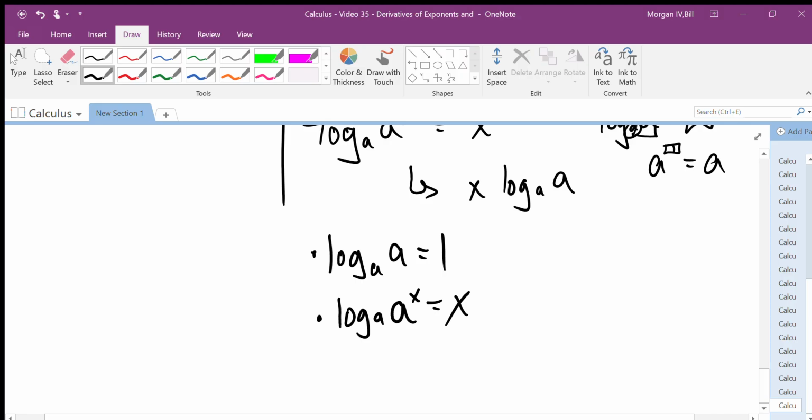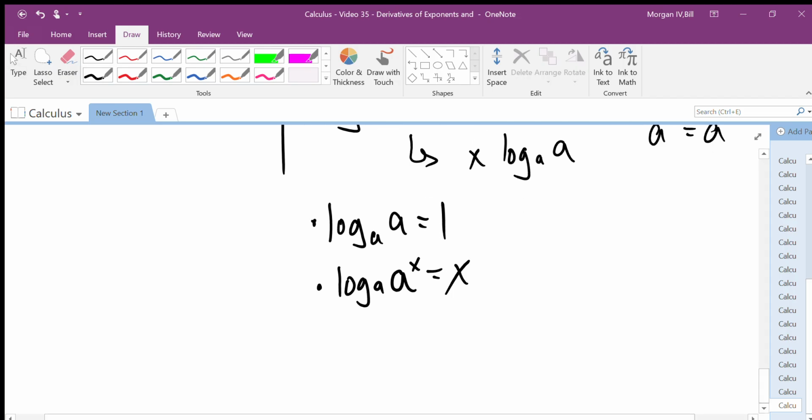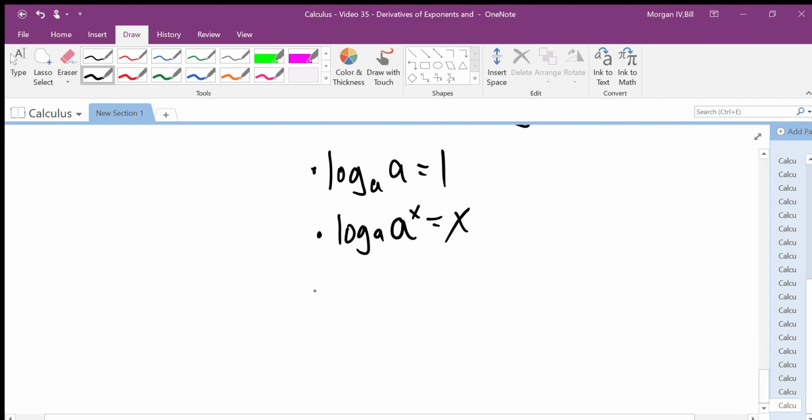Okay. You could also view this as a composition of functions, where the outside function is log base a of something, and the inside function is a to the x. And since it's a logarithm of an exponential, those are inverses of each other, and if you compose 2 inverse functions, you always get what you put in, in this case x. Okay. Similarly, we have our last property here, a to the log base a of x.